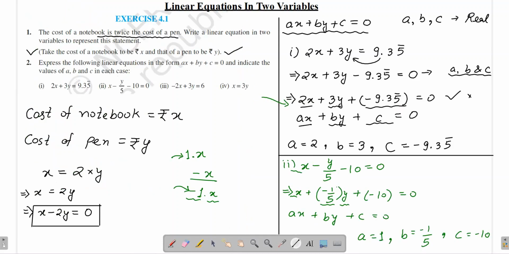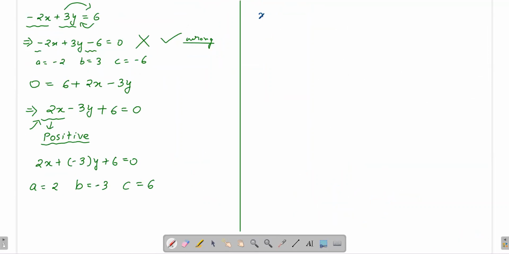Now let us quickly go for the last example, that is x equals 3y. The question is x equals 3y. Writing it in standard form, it gives us x minus 3y equals 0.